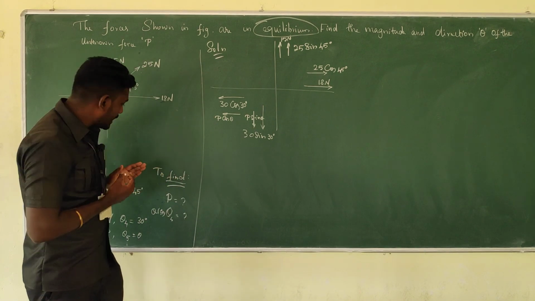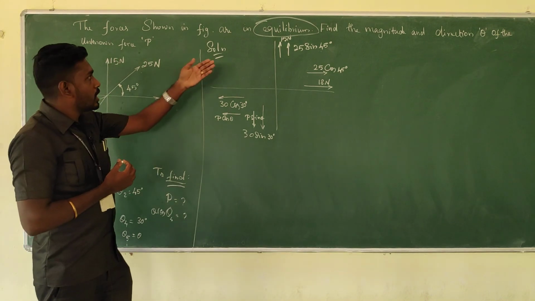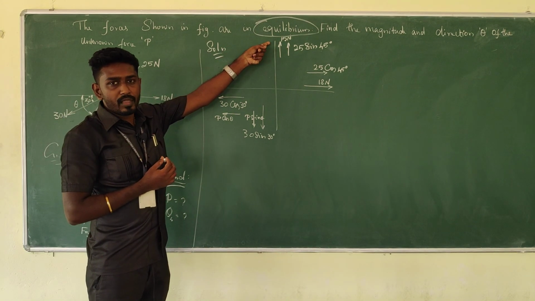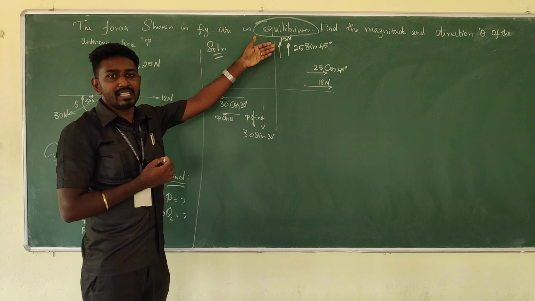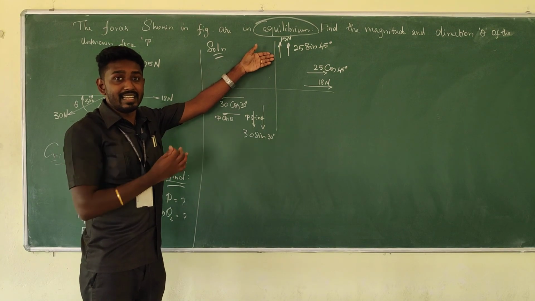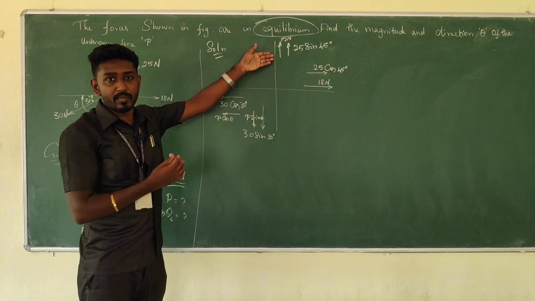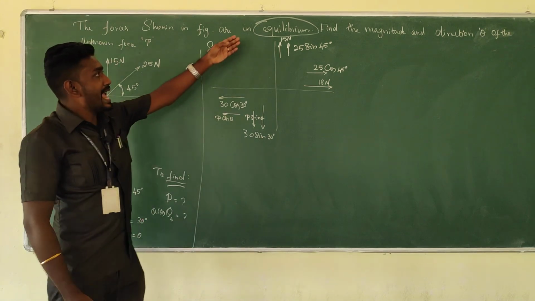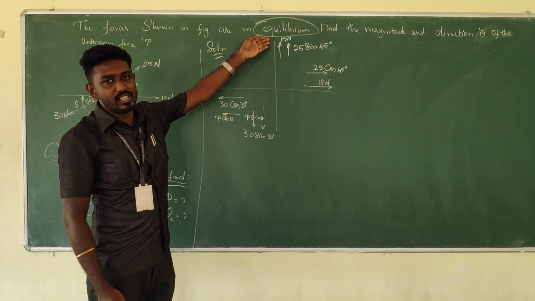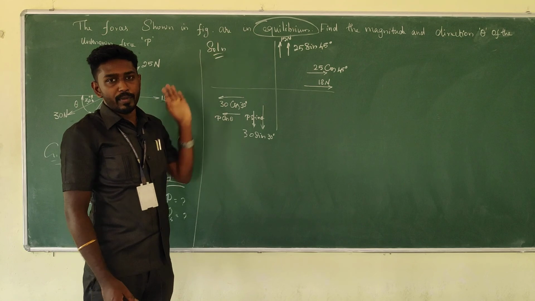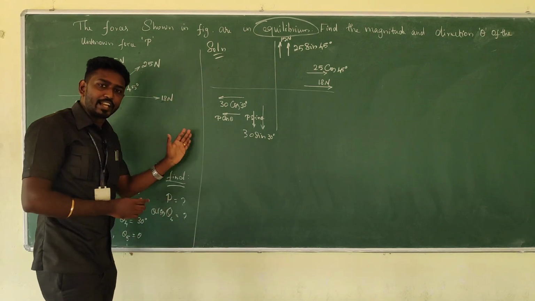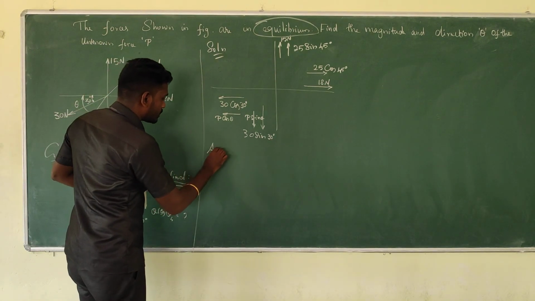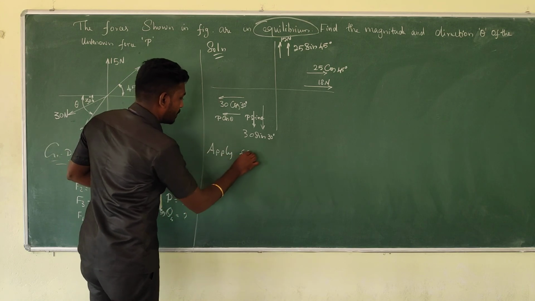When you are solving for an unknown force, keep this in mind. One way is to solve by the equilibrium condition, or else the question will give other data like the resultant, summation of H or summation of V. Here in this question it is said to be in equilibrium, so we are going to apply the equilibrium condition.